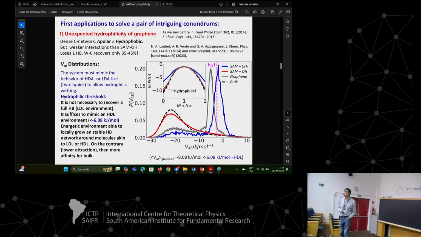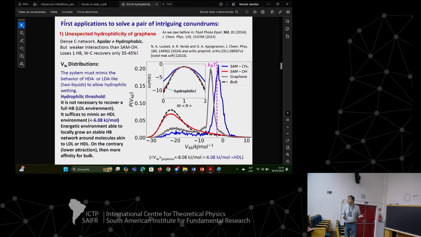Yes, it's much more like high-density water at the surface. And we're going to see other examples.